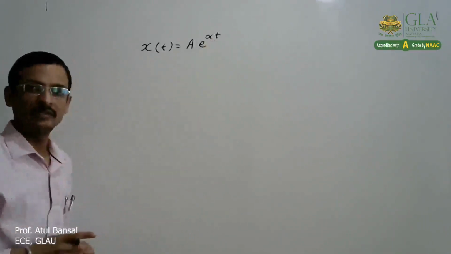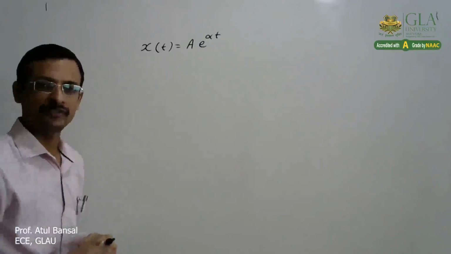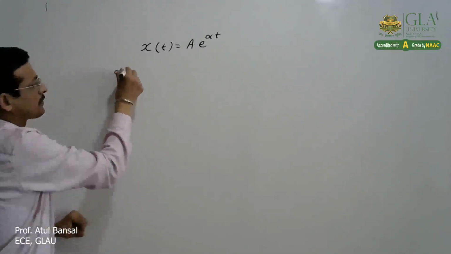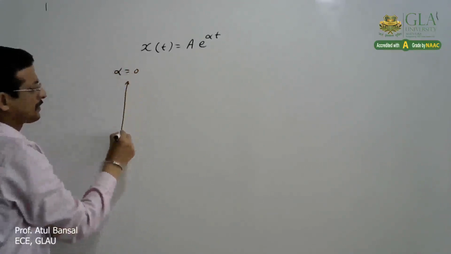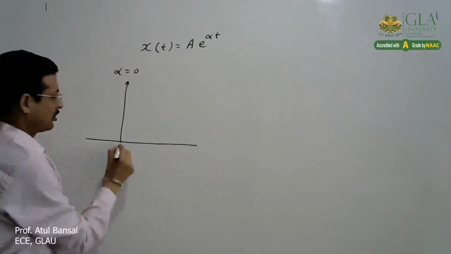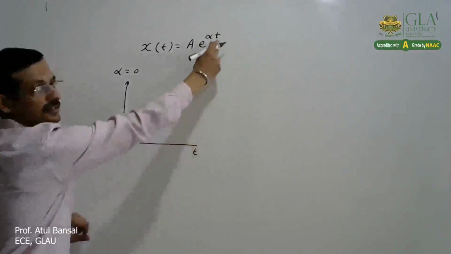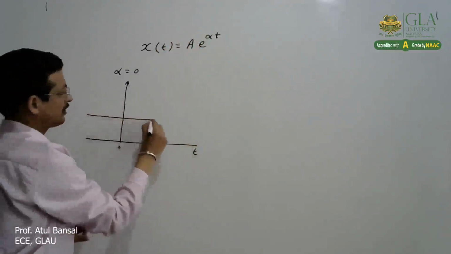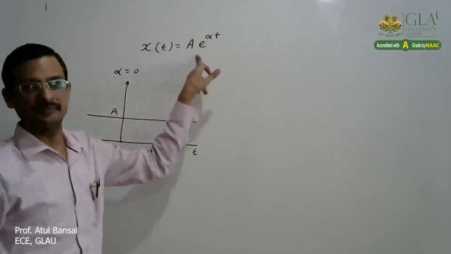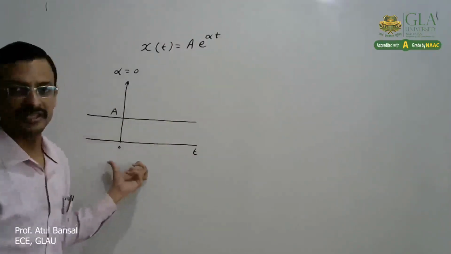Now this signal, depending on alpha, can be of three different types. First, if alpha is 0, this becomes e raised to power 0, that is 1. So at all t, whatever the value of t, x(t) will be simply a constant A. That is the first condition.